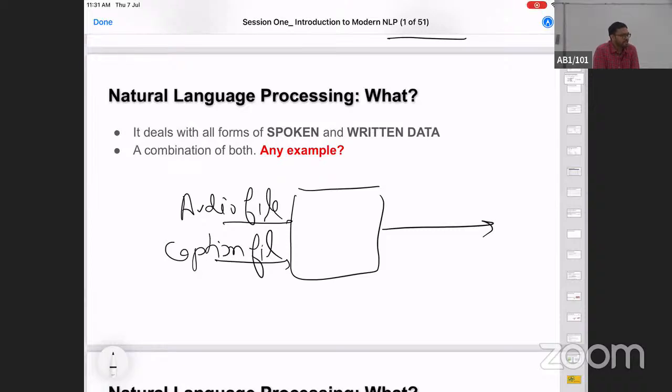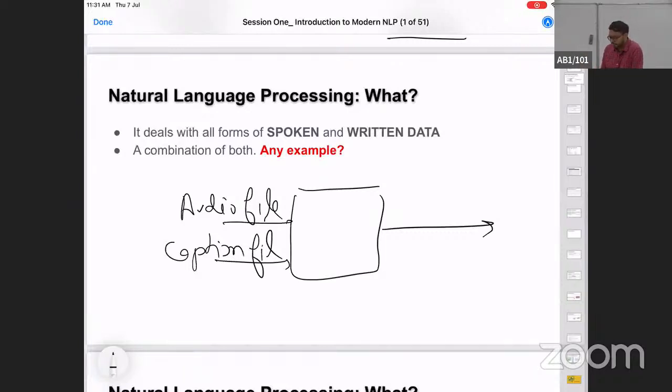You also have this functionality in Zoom, right? Where you can resume the caption, you can again start aligning with the video. Same thing you can do with the audio also. So I'm talking about that kind of system where the inputs are an audio signal and a text, and the output is the aligned caption with the audio.